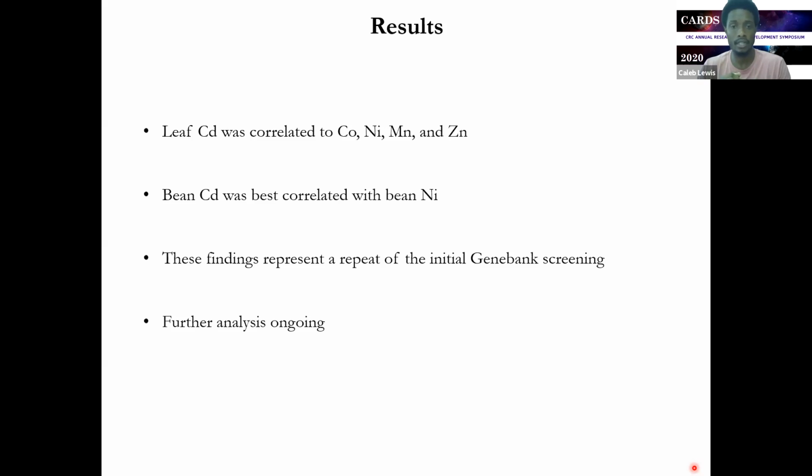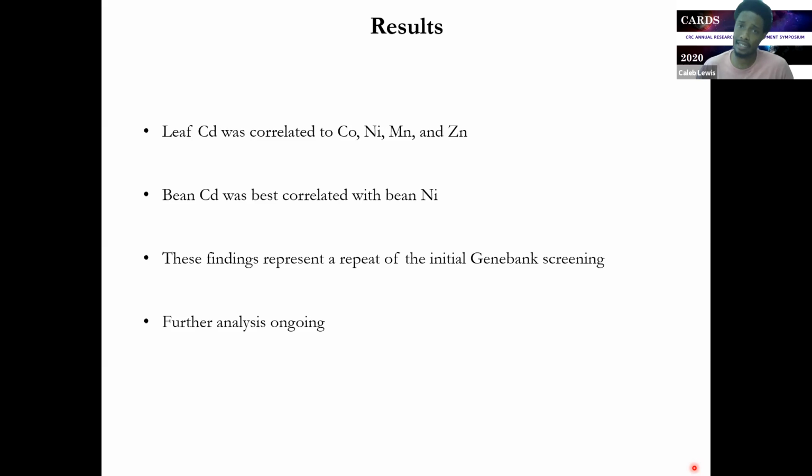Nickel, cobalt, manganese, and zinc are essential metals, so the plant has pathways that facilitate their uptake and transport into the leaves and beans of the plant. The correlation of cadmium with these metals suggests that the pathways that facilitate the uptake of cobalt, nickel, manganese, and zinc may also facilitate the uptake of cadmium in cacao.